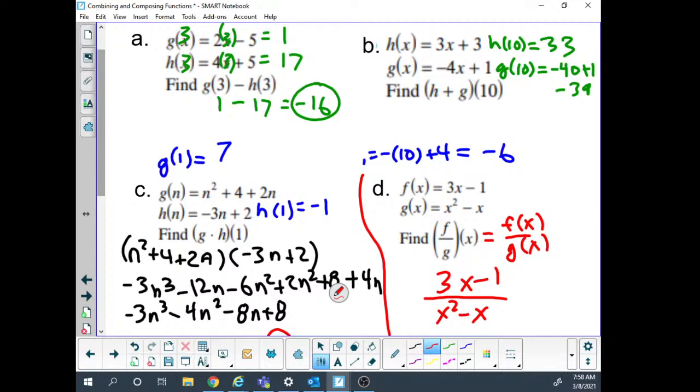Don't. You could write this a little bit differently, but really it's not going to get any simpler than that. Not really. That's about as good as it gets for division. A lot of times there's nothing you can do.